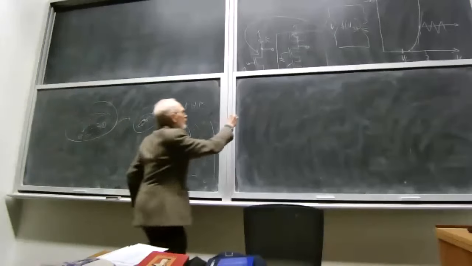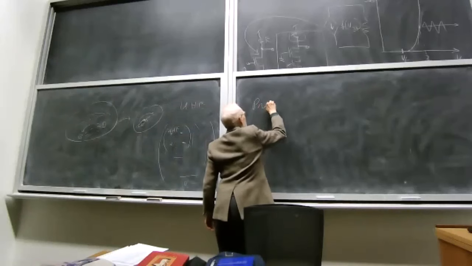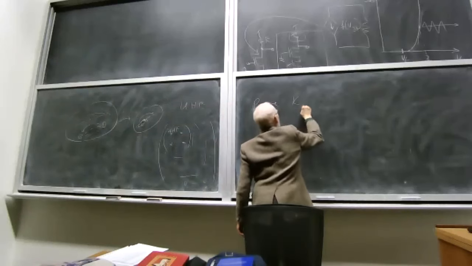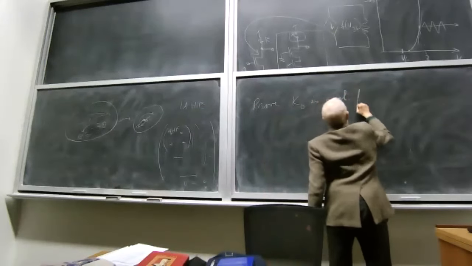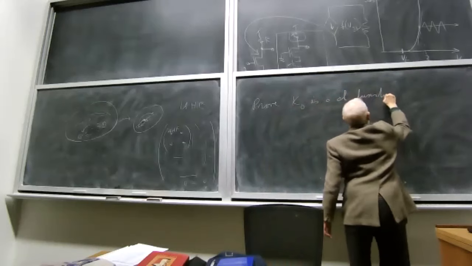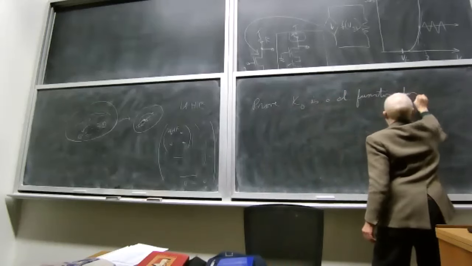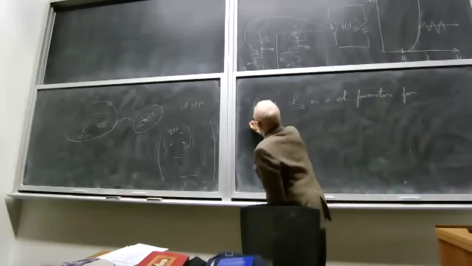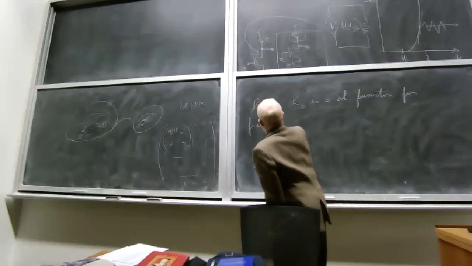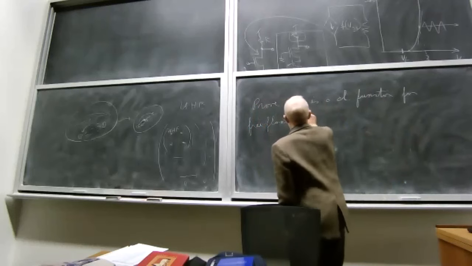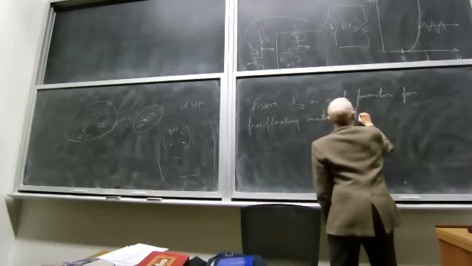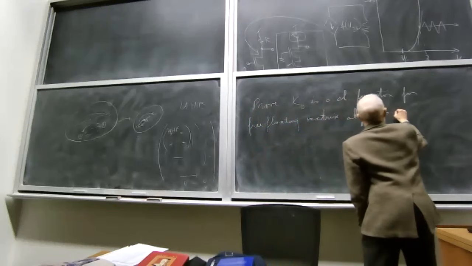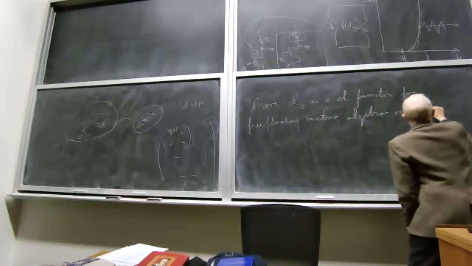Prove K0 is a classification functor for the free floating matrix algebra over UHF algebra.